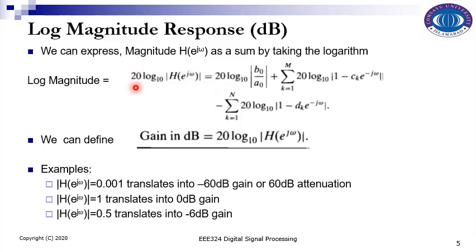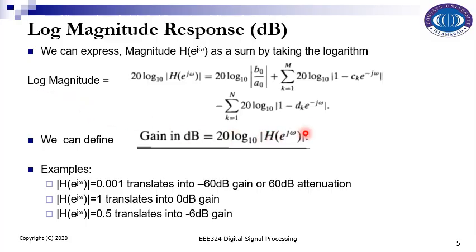This expression, 20 log to the base 10 |H(e^jω)|, is also known as the log magnitude, and we will be evaluating these quantities when we analyze different LTI systems and take their examples. So 20 log |H(e^jω)| is also called gain in decibels or the log magnitude.